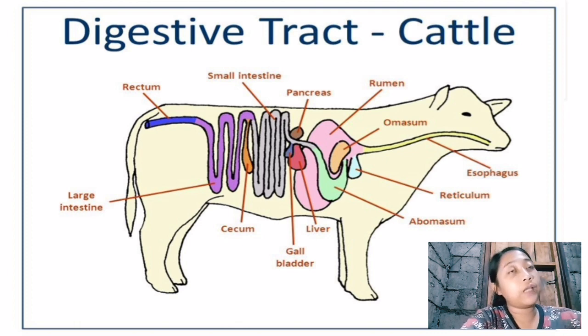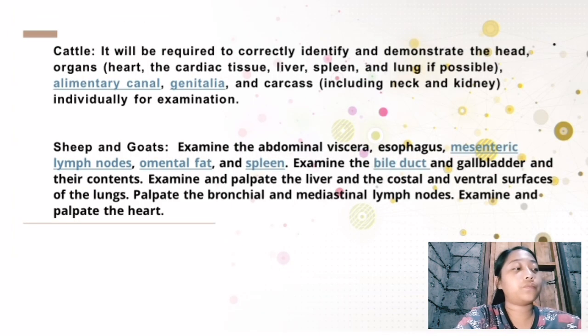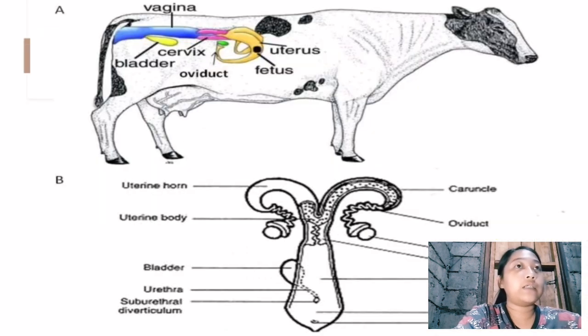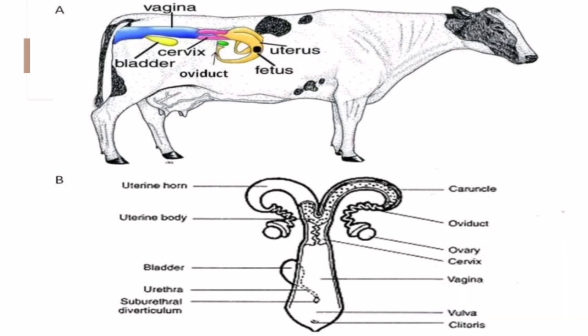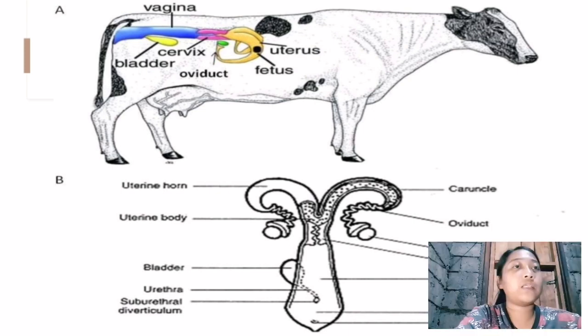So that is the alimentary canal of the cattle. The genitalia. When we click the genitalia word, this will be the genitalia of the cattle. This is the genitalia that should also be inspected in the postmortem activity.